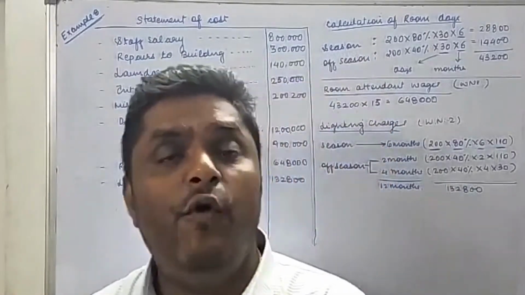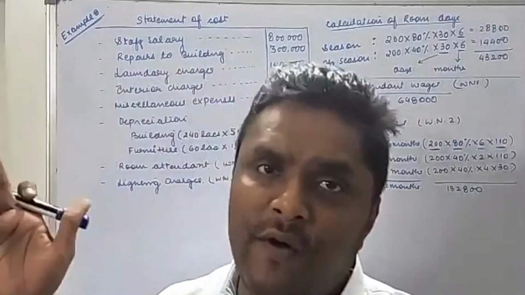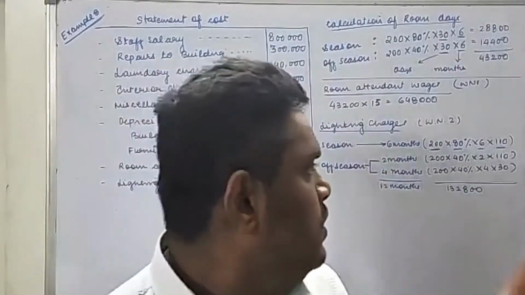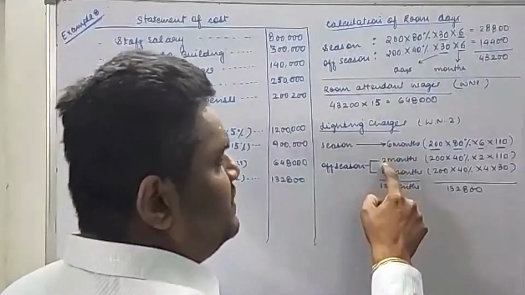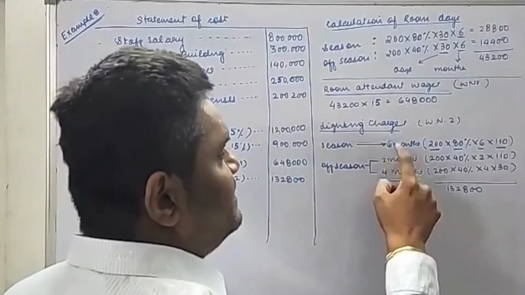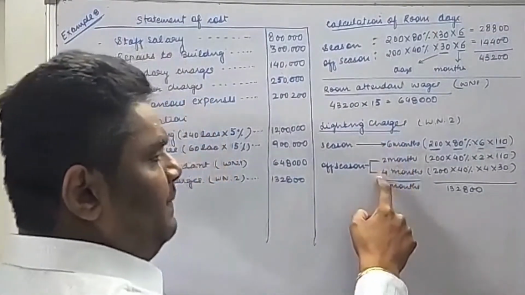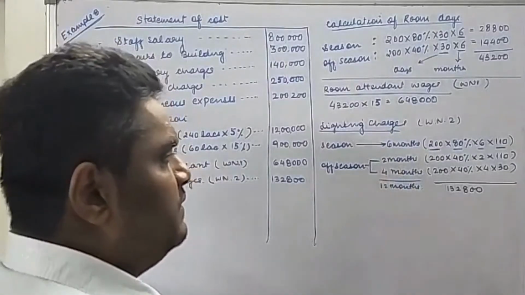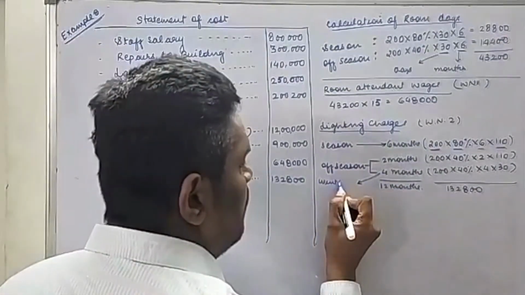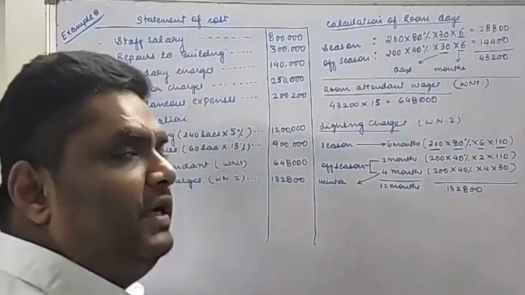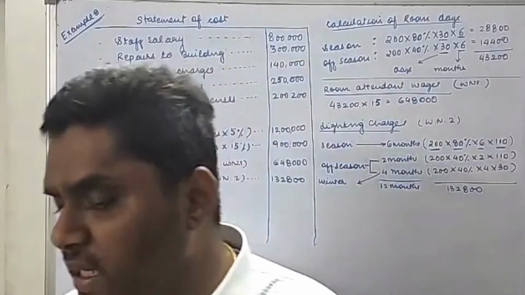And for the remaining 4 months in winter, that is a part of off season, it is rupees 30. So 8 months when we bifurcate, 6 months will be of season and 2 months will be of off season. So this is the breakup of 8 months, and the remaining 4 months that is in winters. It is 30 per room. Please read the question, Srinivas.